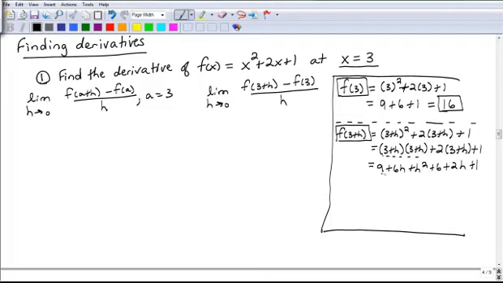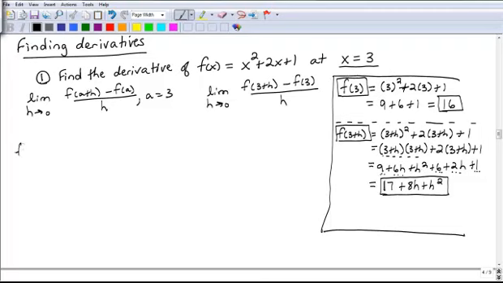And I can put the numbers together, a 9 and a 6 and a 1, giving 17. 6h plus 2h gives me 8h plus h squared. So with a little bit of algebra, I figured out what f of 3 plus h is. It's 17 plus 8h plus h squared.